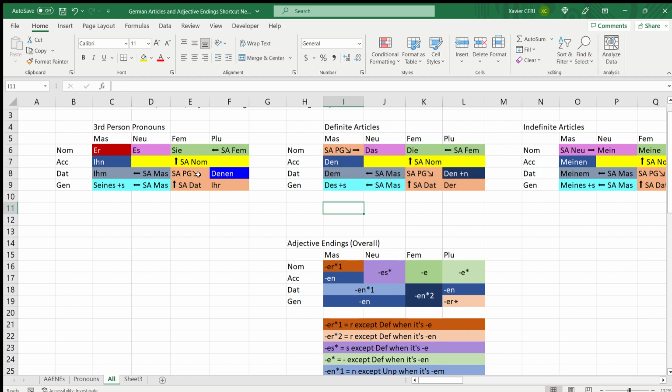So let's go through a little bit more and talk about it. We have sie, the plural nominative, which is the same as the feminine nominative. Did I mention, by the way, this is third person pronouns? So in English, this would be the word she, and this would be the word they. In German, however, they are the same. The conjugations are different, but the words themselves are the same.